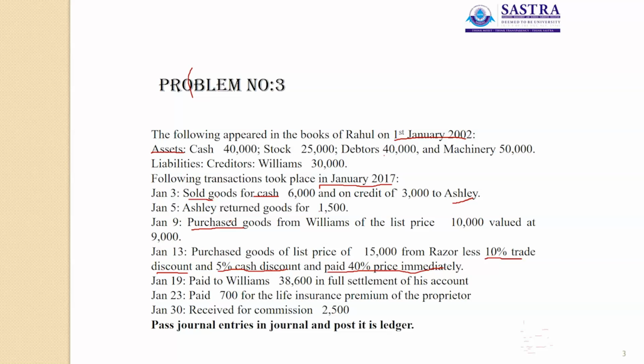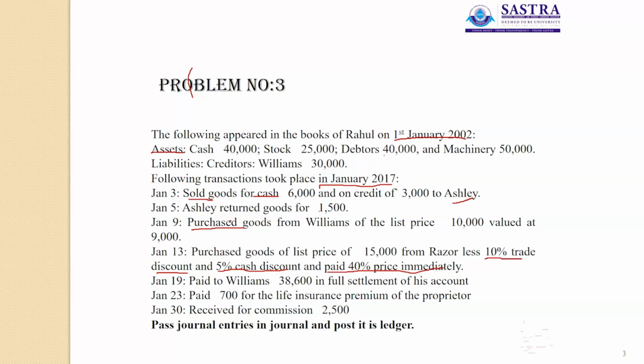Out of the remaining amount we have to calculate the 40%, which was given immediately, and allow the discount at the rate of 5%. The remaining 60% is considered as a credit transaction.